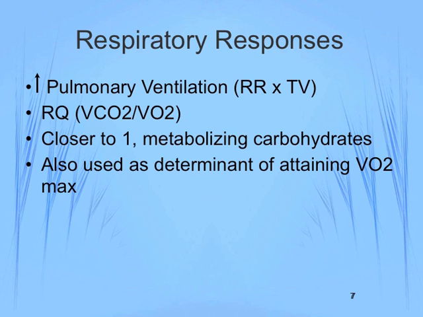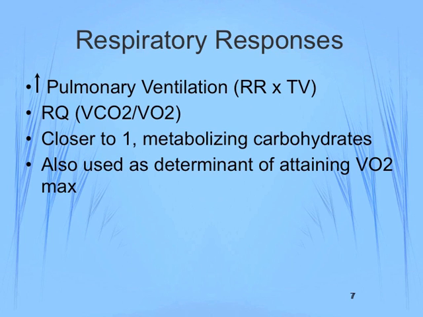And usually when people are down closer to 0.8, that is more reflective that they're metabolizing fats, or they're into oxidative energy production. Whereas when the RQ gets closer to 1, they're more likely to be metabolizing carbohydrates or glycolysis.